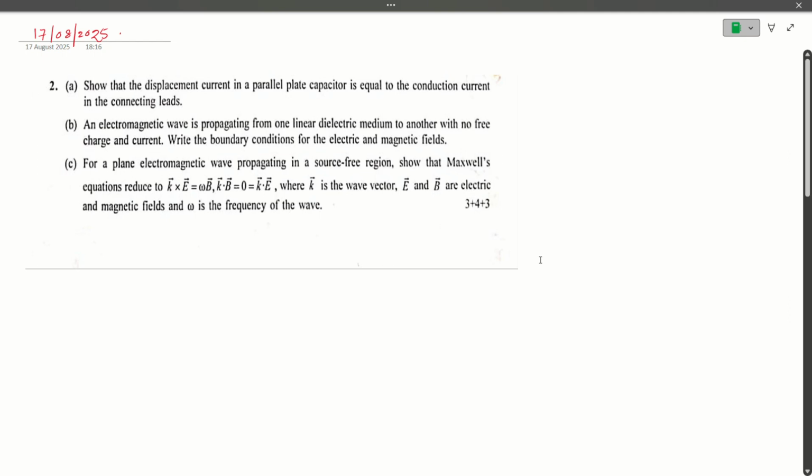So here the question is, show that the displacement current in a parallel plate capacitor is equal to the conduction current in the connecting leads.